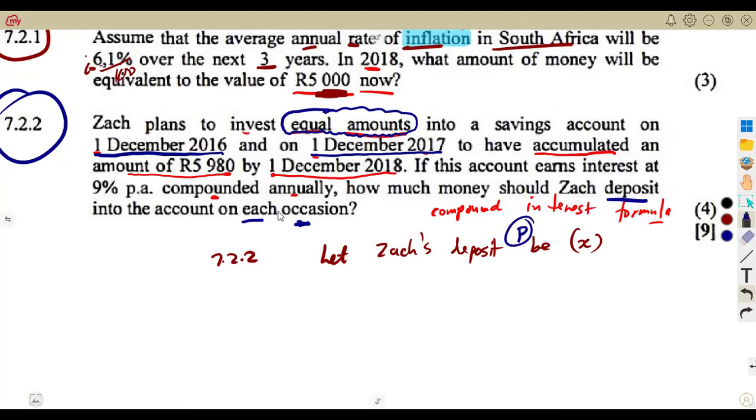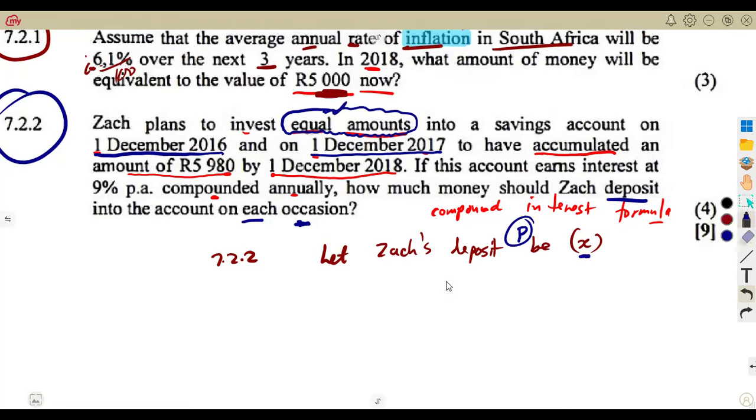Remember, the money you put in a bank as your starting amount is the principal. We are not going to have different letters, X for the first occasion and Y for the second, because they told us they are equal amounts.